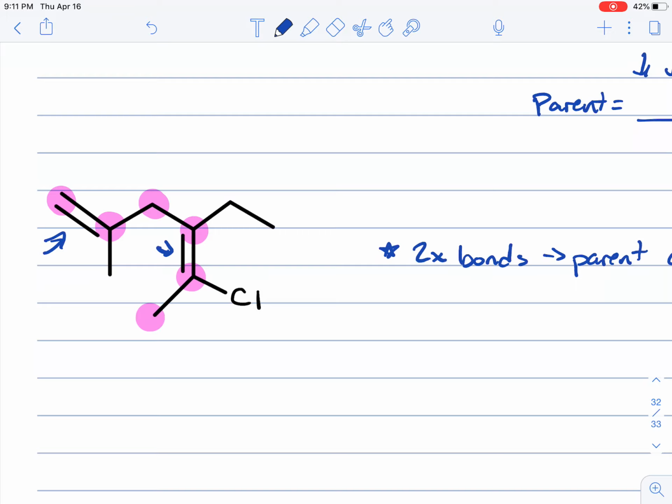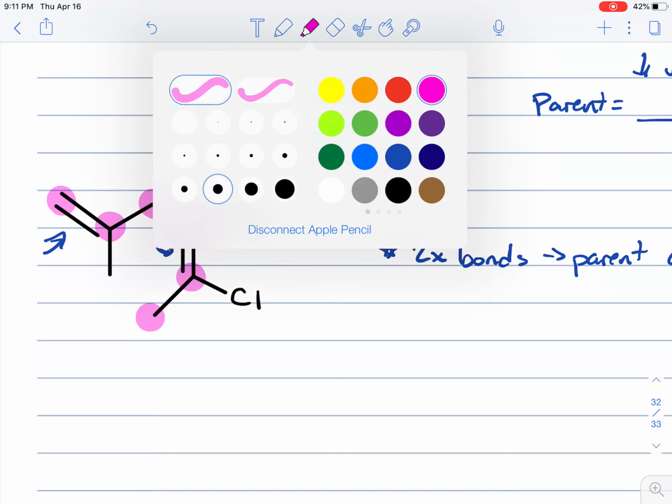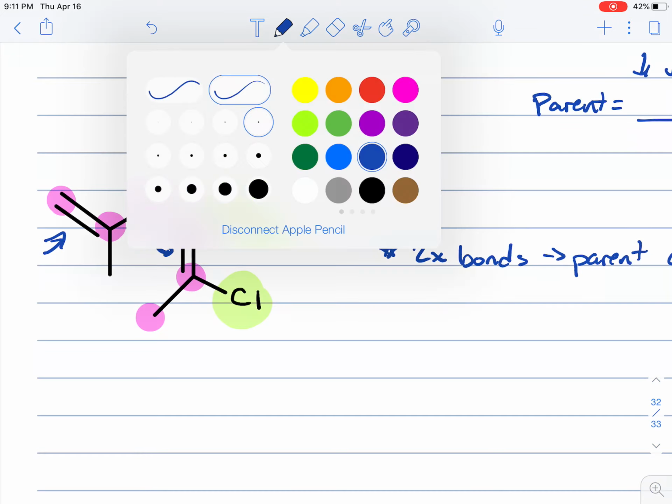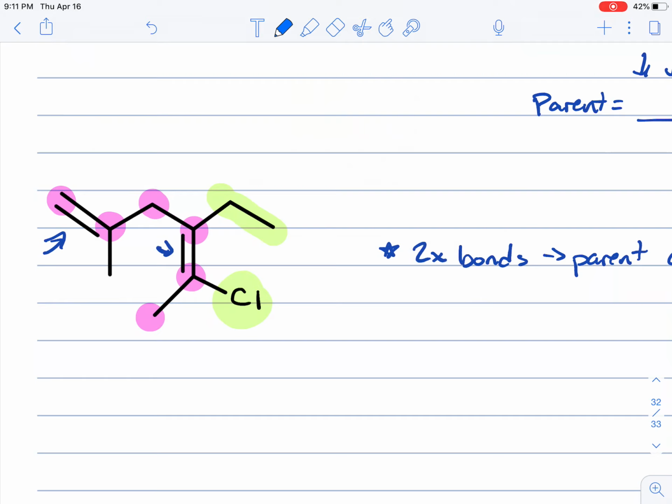So let's go ahead and continue. That means anything that I didn't highlight is going to be our substituent. Now, before we figure out how to name our substituents, we need to number our carbons correctly. And we want to make sure that the double bond has the least carbon number.